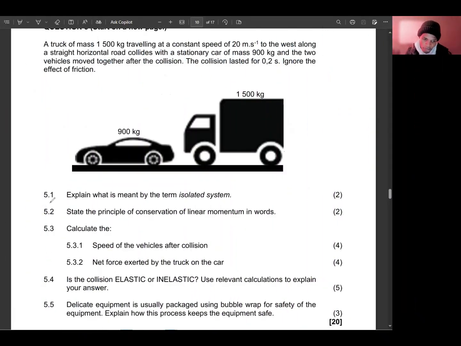Then, okay, 5.5 says delicate equipment is usually packaged using bubble wrap for safety of the equipment. Explain how this process keeps the equipment safe. Right, so here you are supposed to say the bubble wrap provides a soft surface for the delicate equipment.